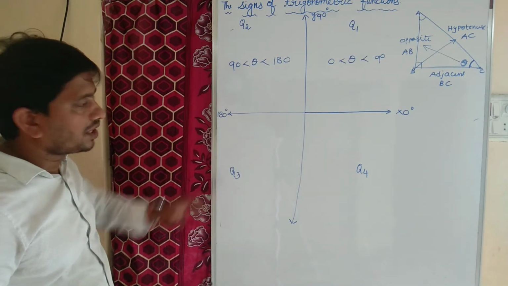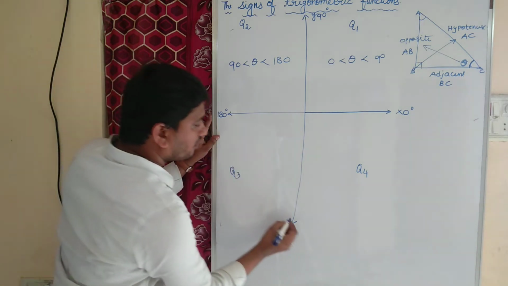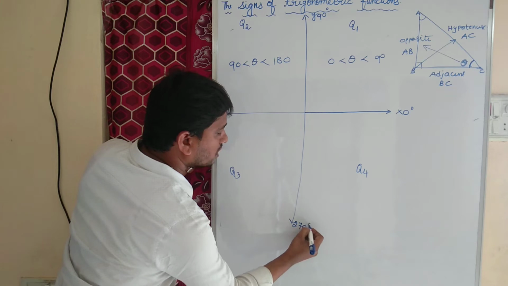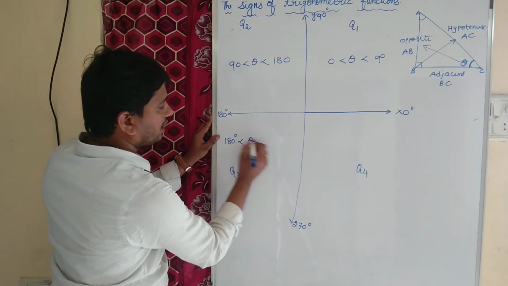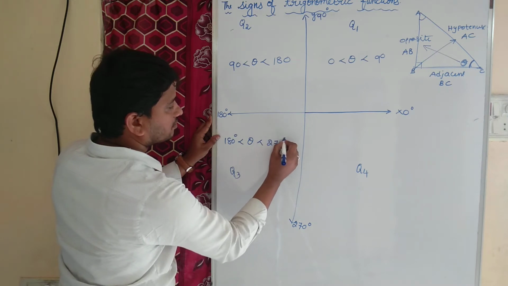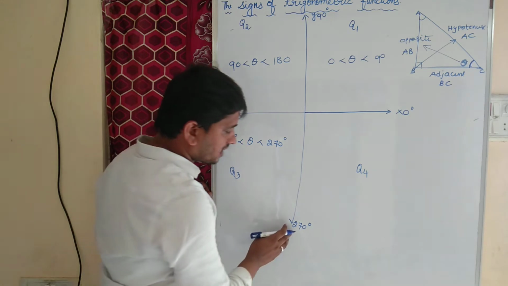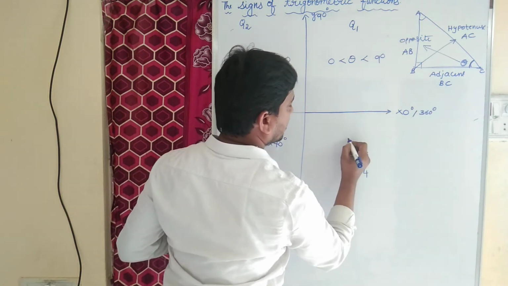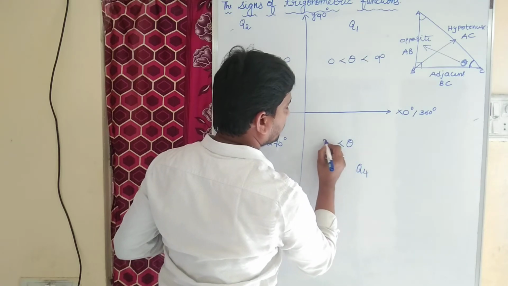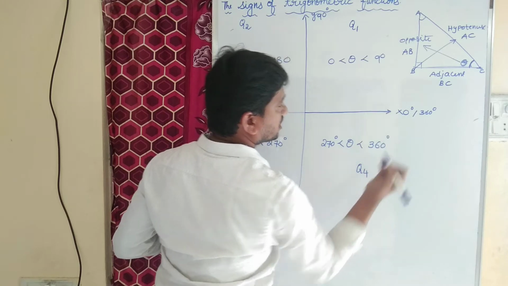Now coming to coordinate 3. In coordinate 3, theta lies between 180 degrees and 270 degrees. Now coming to coordinate 4, theta lies between 270 degrees and 360 degrees.